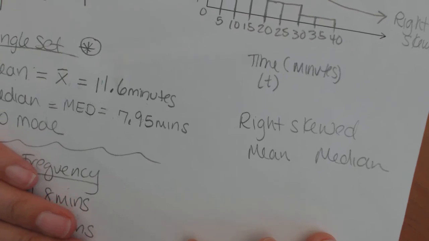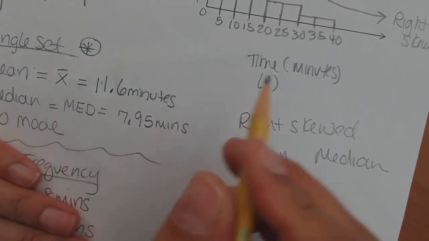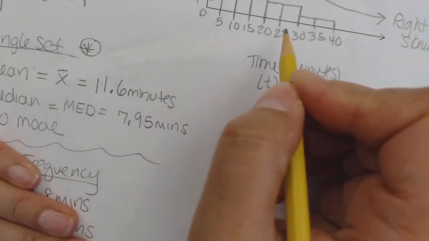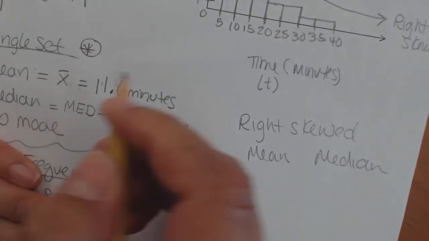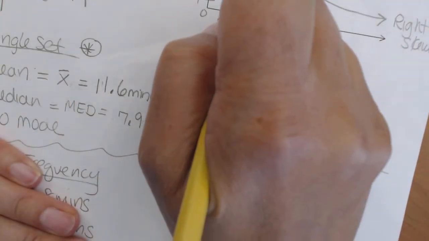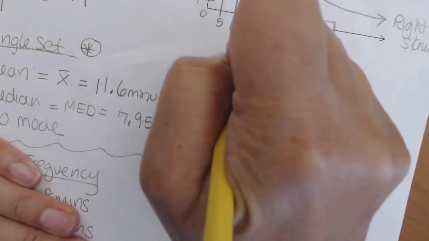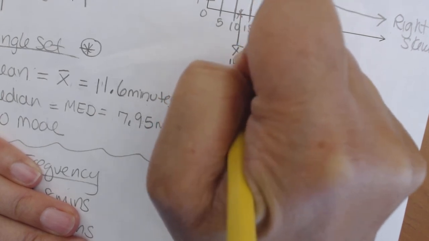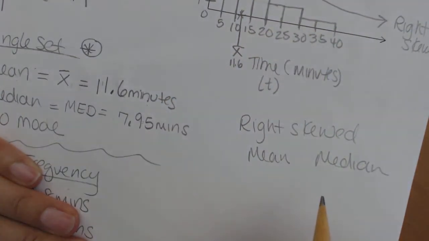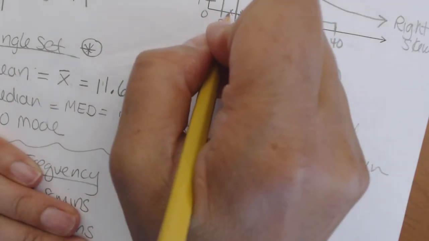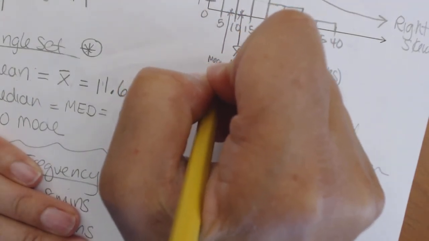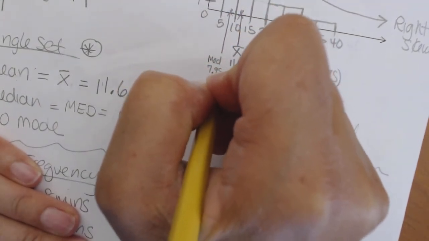Okay, so we're going to go back to right skewed. Now let's put on our graph where mean and median are. So our mean is 11.6, so that would be down here. So this is going to be X bar, 11.6. And our median is 7.95. So let's put that here. 7.95.